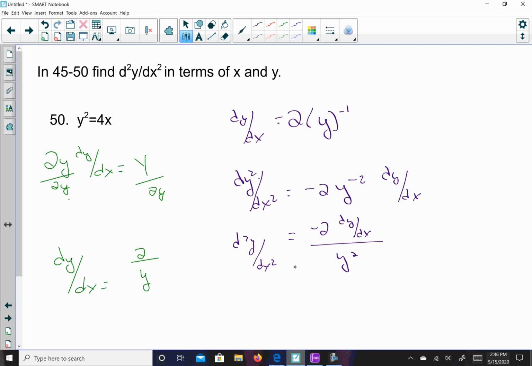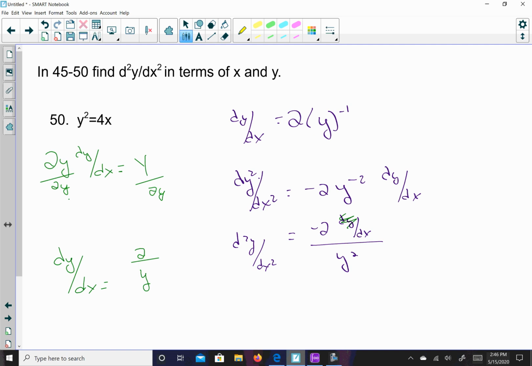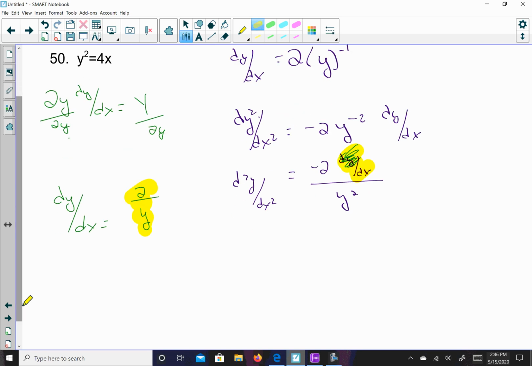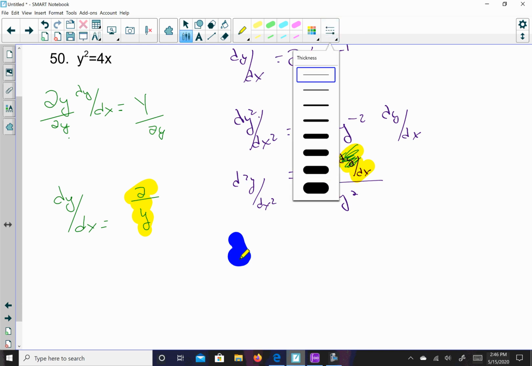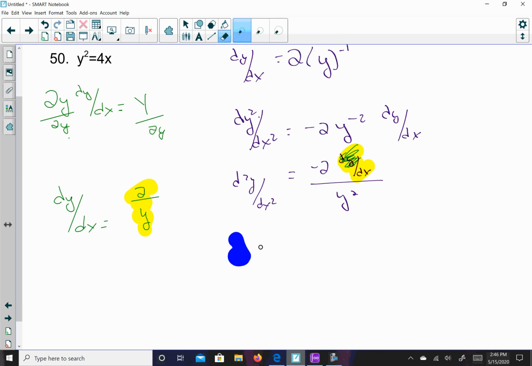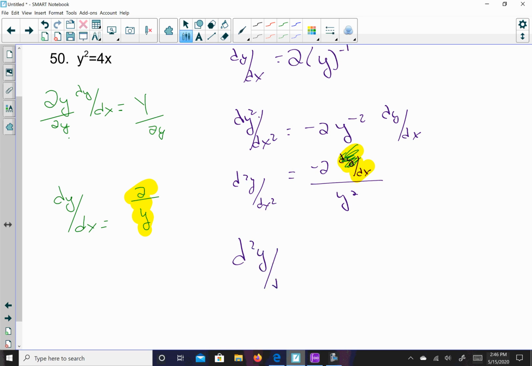Now, I'm not done because I have that derivative in here. So this is actually saying I'm taking negative 2 times the first derivative. So I'm going to put in the first derivative. So d squared y over dx squared is negative 2 times 2 over y, all over y squared.